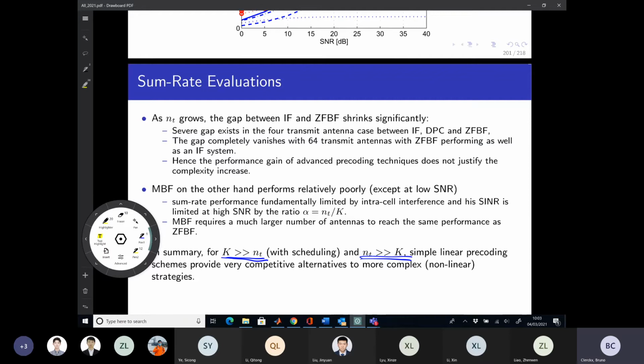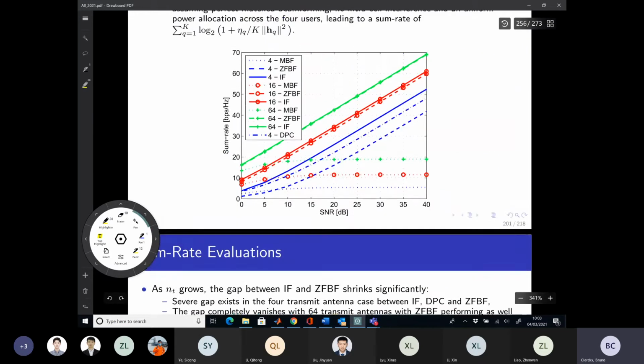If you have inaccurate channels at the transmitter, the performance of this would drop, right? Can drop quite significantly. If you have mobility, for instance, we have some recent results that are available online, where we show that once you have mobility, then the performance in the massive MIMO regime can drop quite significantly.